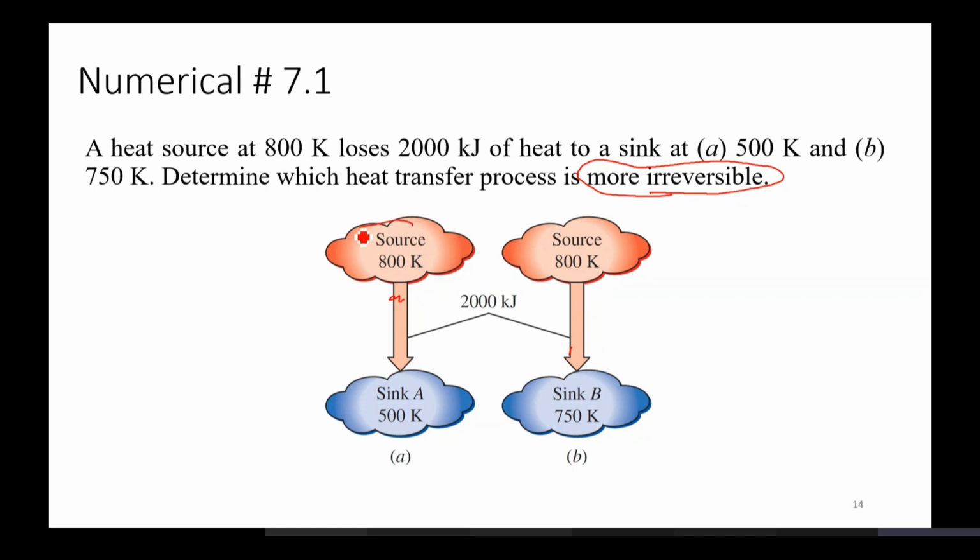So you have this as your system. It is losing heat to the surroundings. Your sink is your surrounding.